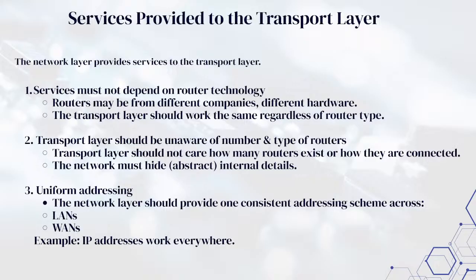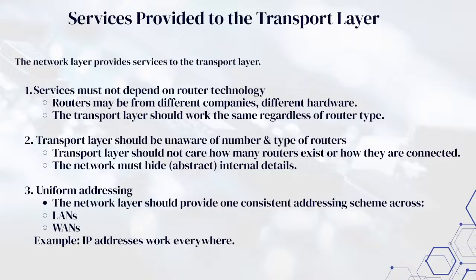First, service must not depend on router technology. Second, the transport layer should be unaware of the number and type of routers. And third, uniform addressing. So these are the three major services.